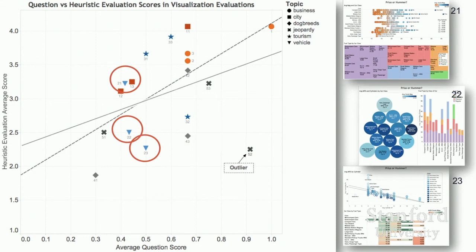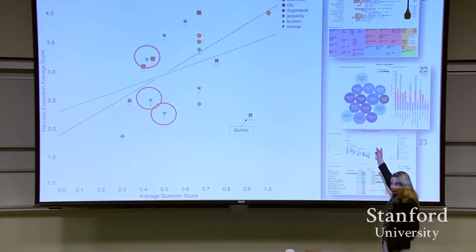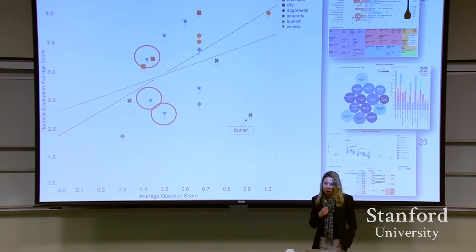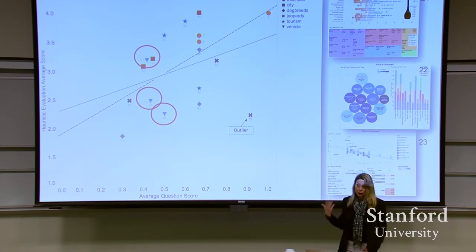So they're answering questions equally well. I actually thought this one wouldn't do very well because to me it has some poor design components, but it maybe got lucky on the questions. So that's a case where maybe you would want to add more questions. Maybe we don't have enough questions to tease that apart. I'm going to talk about that more in a minute.